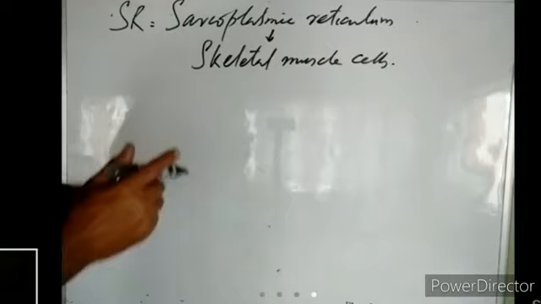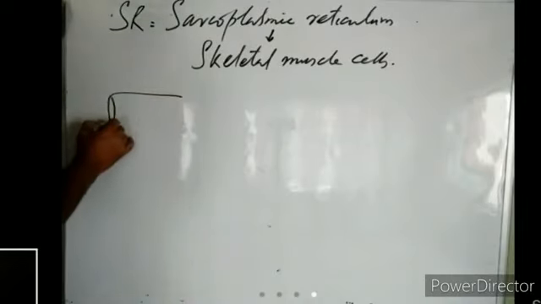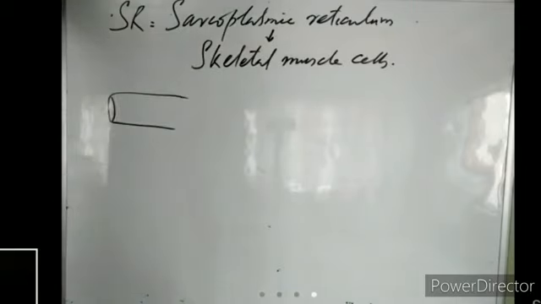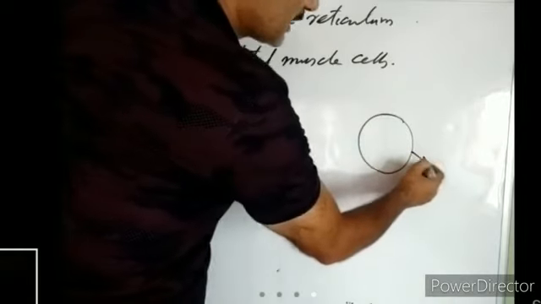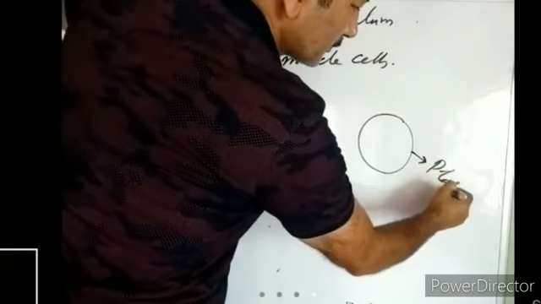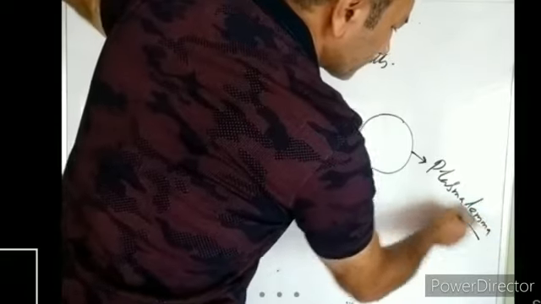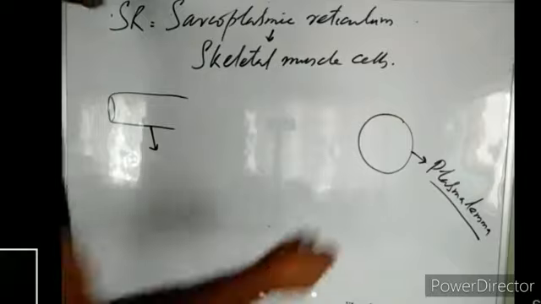You know, there is different terminology for a muscle cell. The plasma membrane of a common cell is known as plasma lemma.